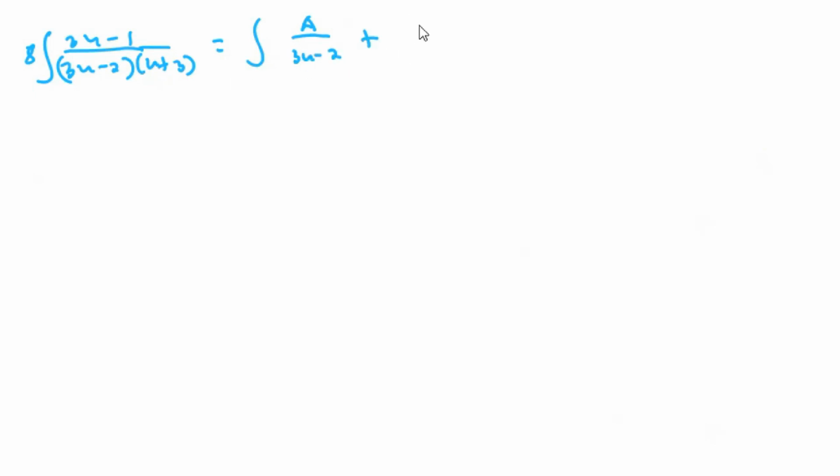So our second term, we have the coefficient of 8 and then 3u minus 1 all over 3u minus 2 times u plus 3, is equal to the integral of a over 3u minus 2 plus b over u plus 3 of du.